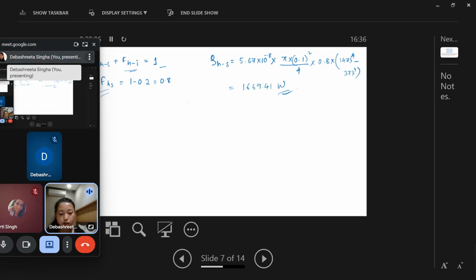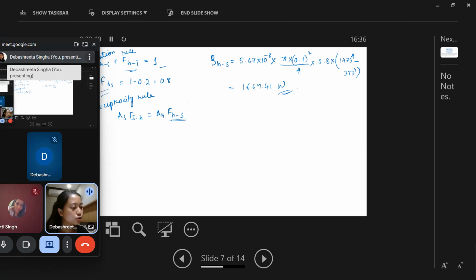So here, how do we proceed? We have the summation rule. We also have the reciprocity rule. AS FSH is equal to AH FHS.